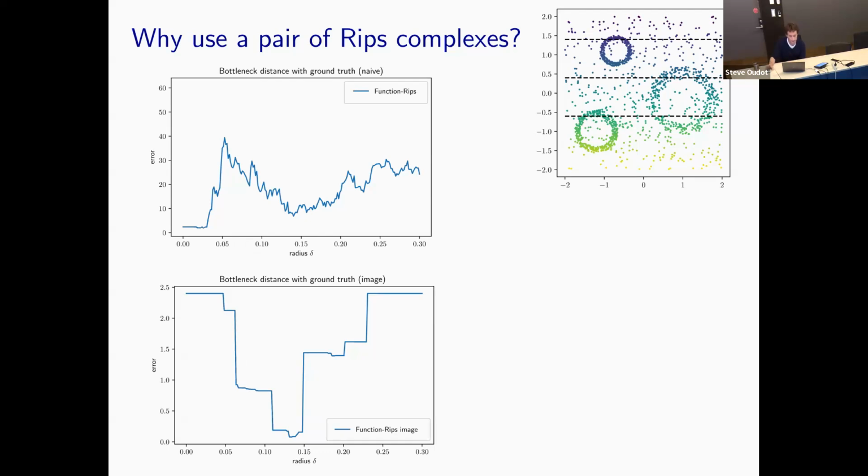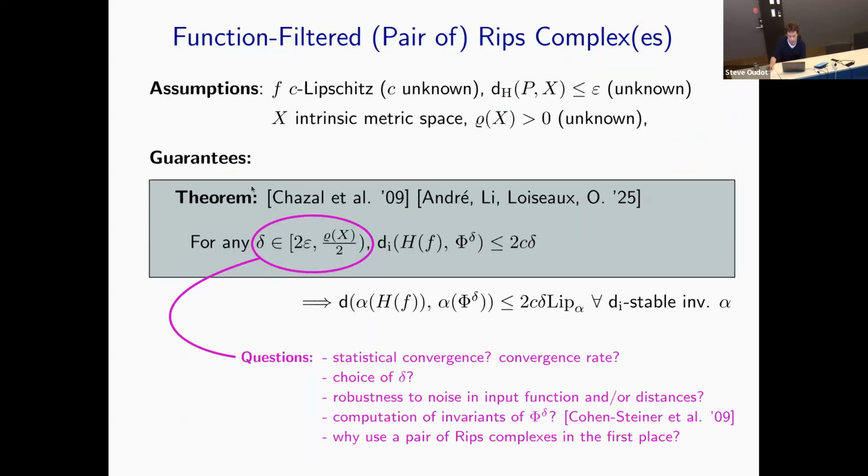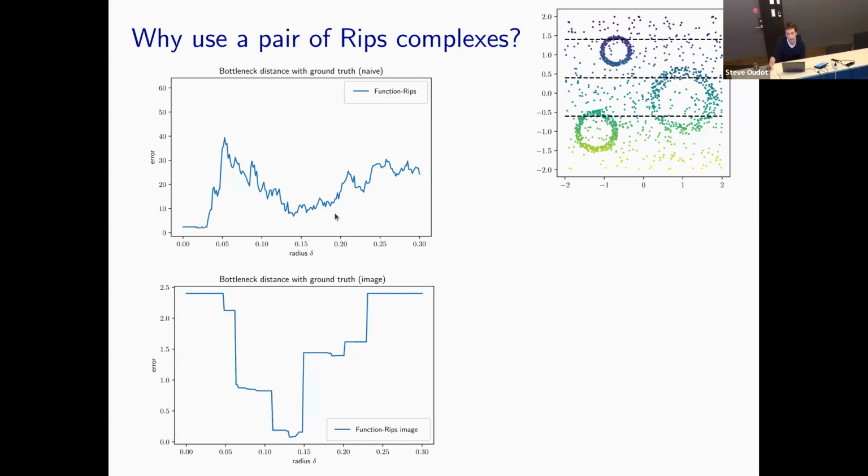It starts at a pretty low value, but then it jumps up, and then it has this U shape, which you would expect because there is an intermediate regime, supposed to be the good regime for delta, where you have a good approximation. And then when you leave the good regime, the error blows up again.